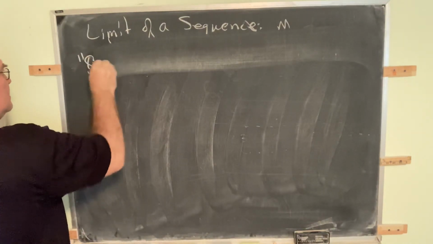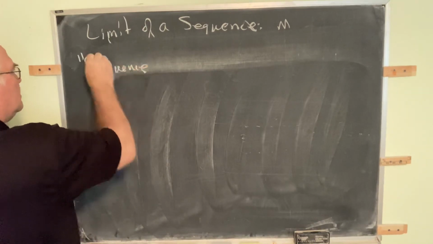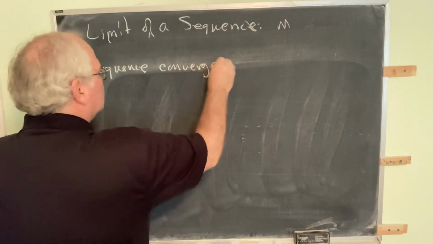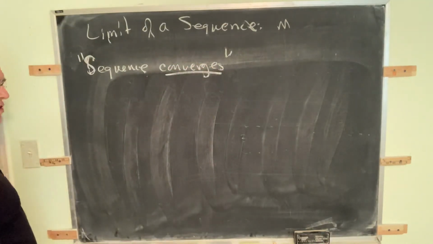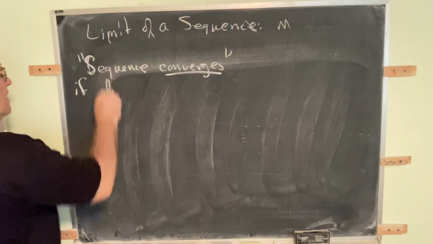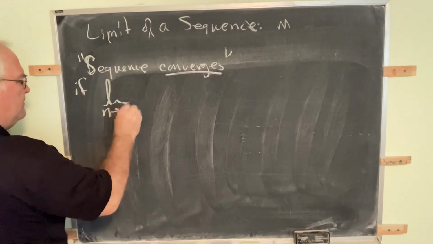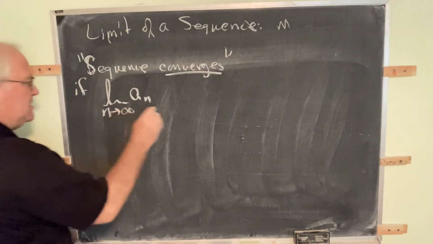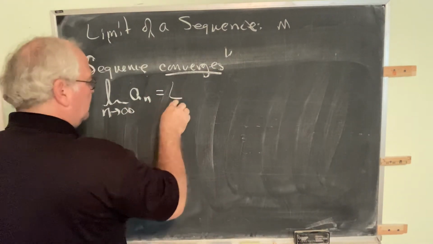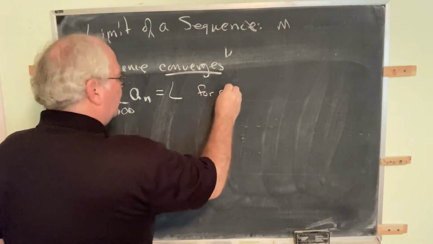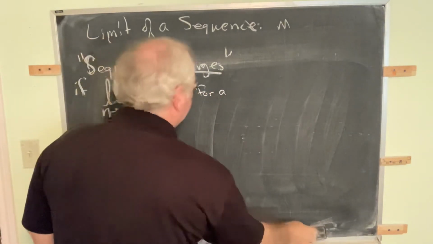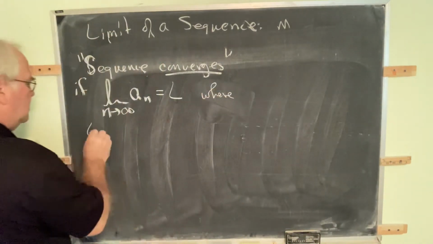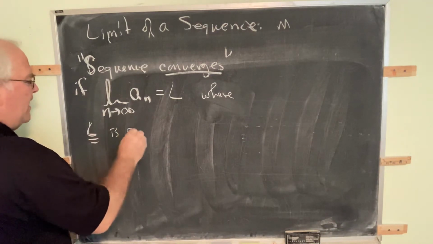A sequence a_n converges if the limit as n goes to infinity of a_n is equal to L, where L is a finite number.